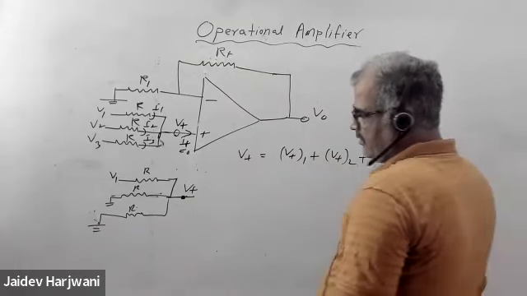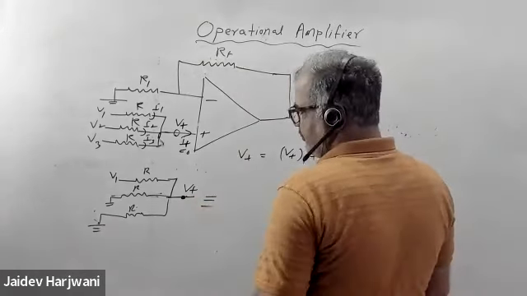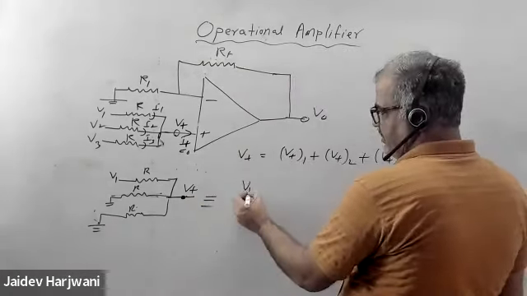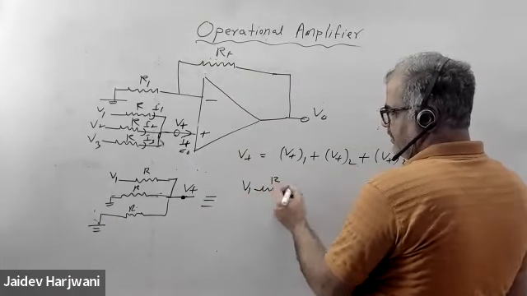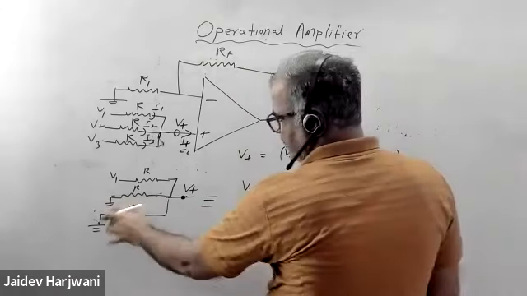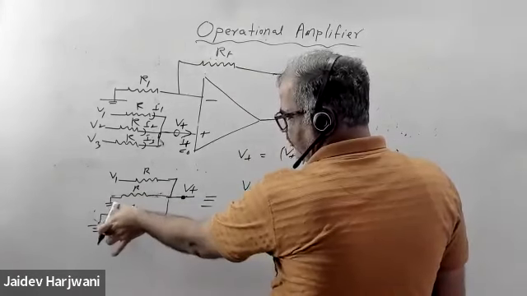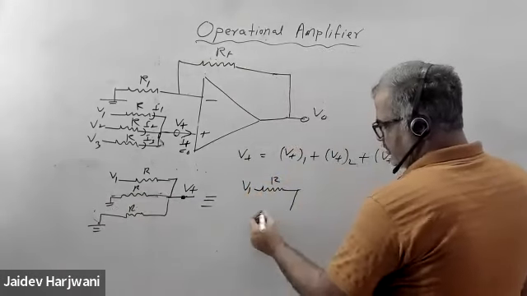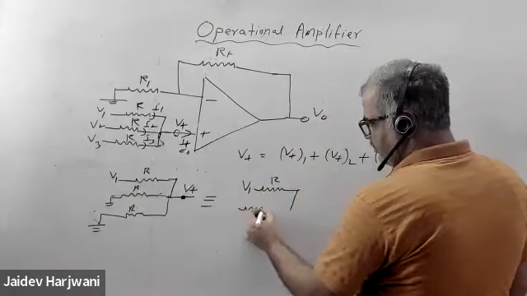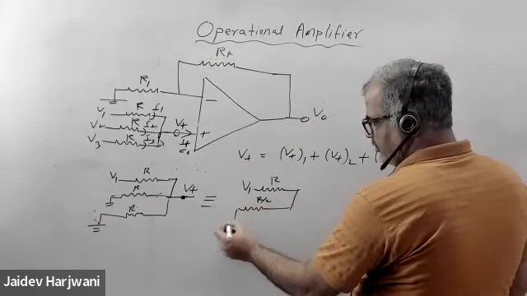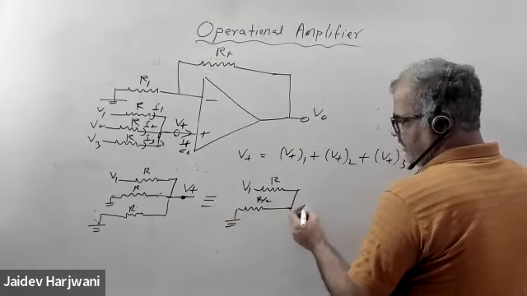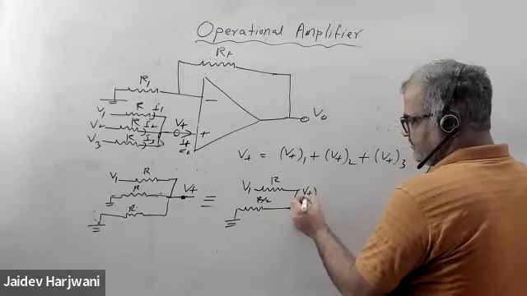Okay, now this is equivalent. What I can write, this V1, R. Now these two resistors are parallel. They are both grounded, they're parallel, so their total will be R by 2. Okay, now what voltage do I want? I want this voltage V plus 1.